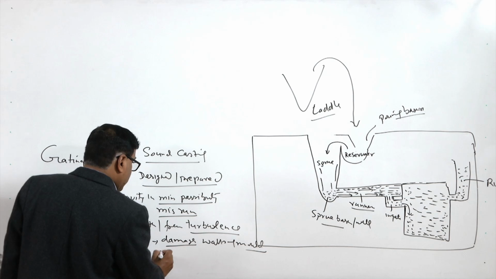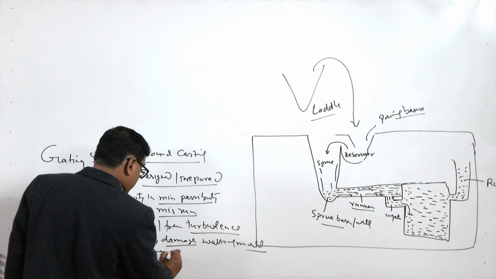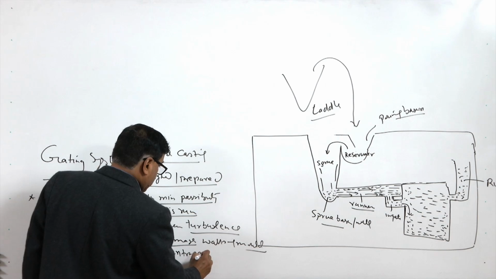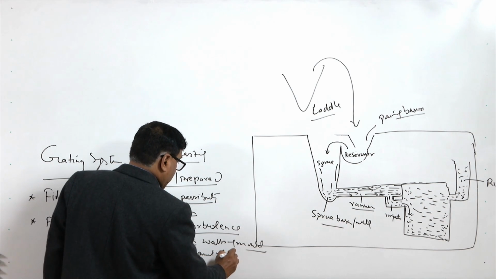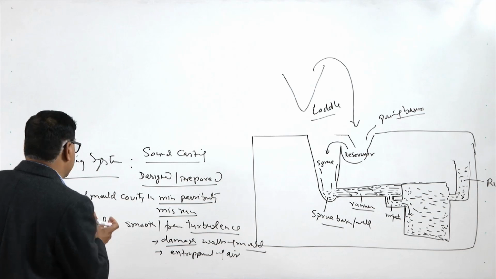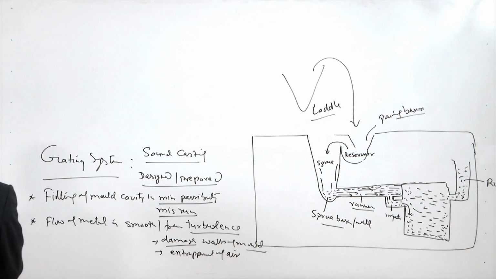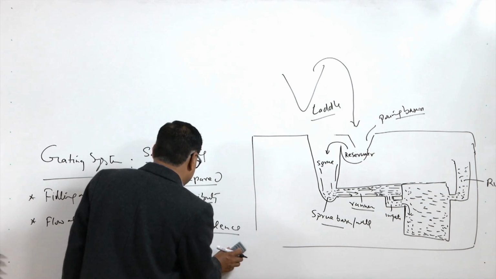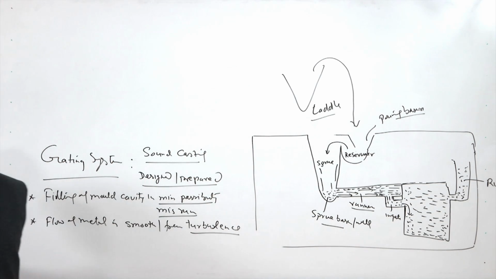It also increases the air entrapment. Air pockets or air aspiration tendency increases when there is turbulence in the flow of the molten metal. So, the turbulence in the flow of the molten metal is reduced.